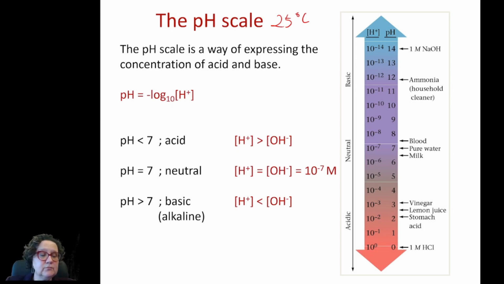So anything above 7, 7.1, 10, 12, 13, all those numbers larger than 7 tell you that the solution is basic. That is where 7 is neutral, smaller than 7 is acidic, and larger than 7 is basic. They are based on the autoionization of water.